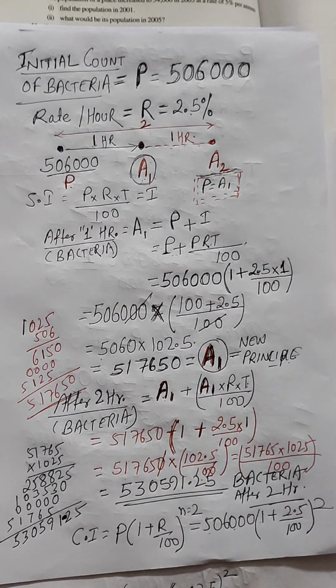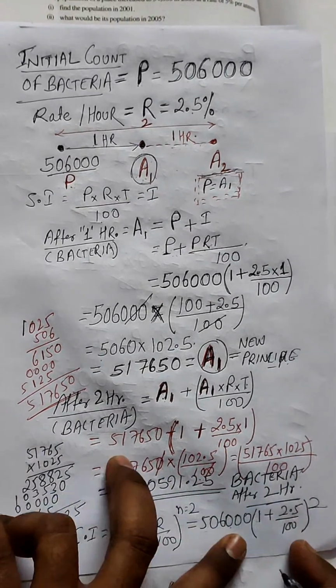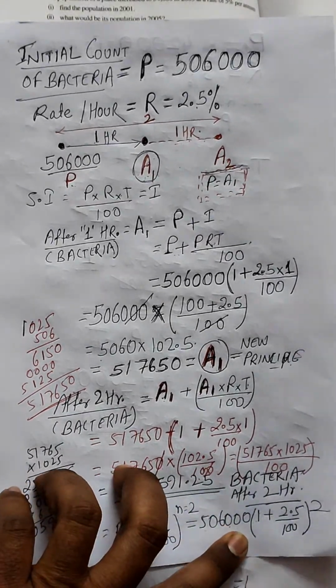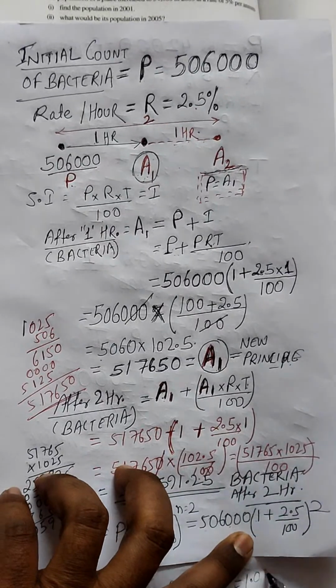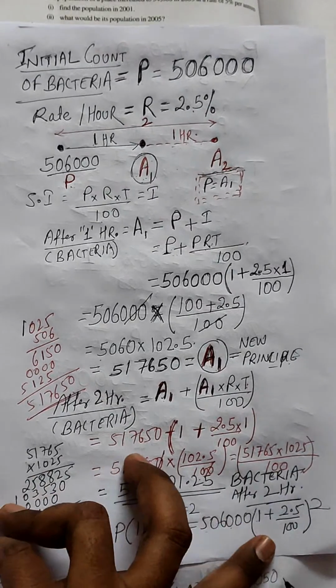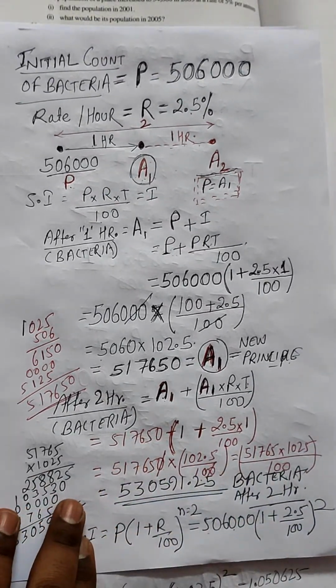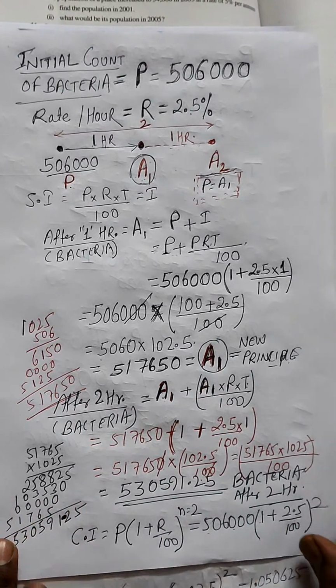When you calculate it, you will get this value as 1.050625, multiplied with this 506000, right?